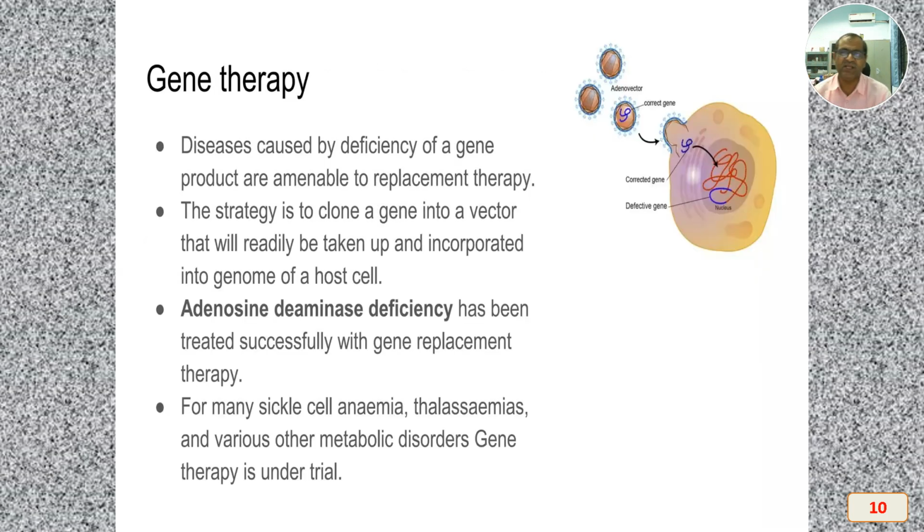So what is gene therapy? You might have heard that nowadays gene therapy is done for everything, including cancer. Here, diseases caused by deficiency of a certain gene product are amenable to replacement therapy. The strategy is to clone the gene into a vector that is taken up and incorporated into the genome of a host cell.